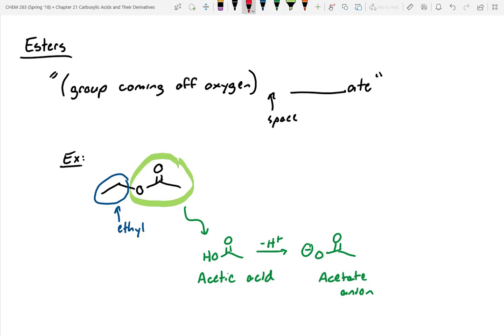First thing that always comes at the start is the group coming off oxygen. So it'd be ethyl acetate. So the main difference here is the ate suffix instead of the ic acid. Does that make sense? Let's try one you might be more familiar with.